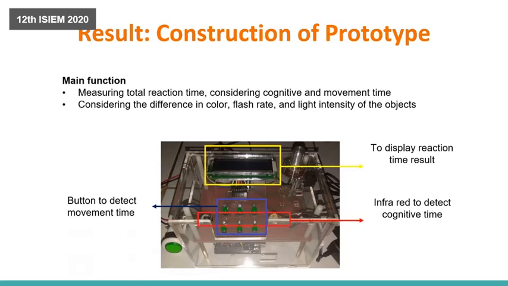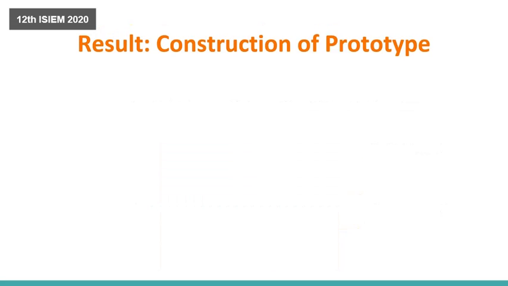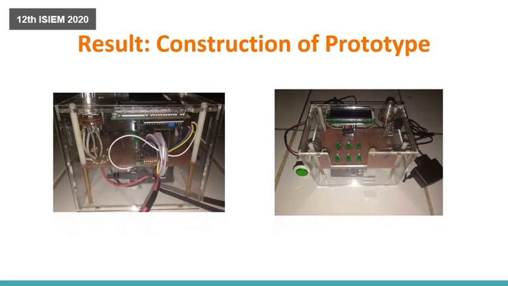And then the third thing is the button to detect the movement time. When the button is pressed, then the total time or the movement time stops. And then we can calculate the cognitive time and movement time separately. Then here is the prototype.